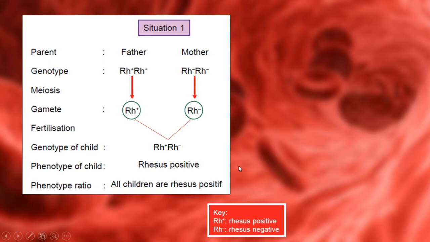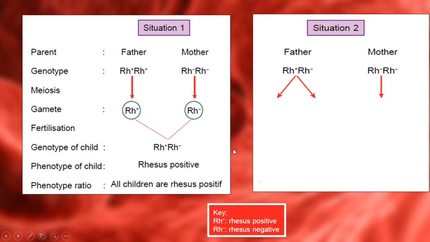Okay, another situation, when the father is heterozygote, RH positive, RH negative genotype, and the genotype of the mother is RH negative, RH negative. The father will produce two types of gamete that carry allele Rhesus positive and Rhesus negative, and the mother will carry gamete with allele RH negative.